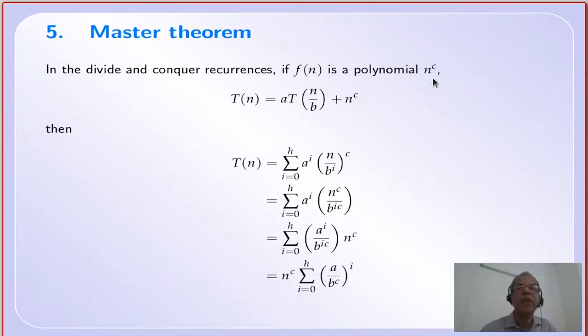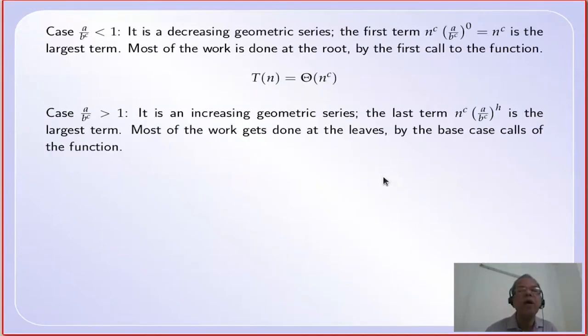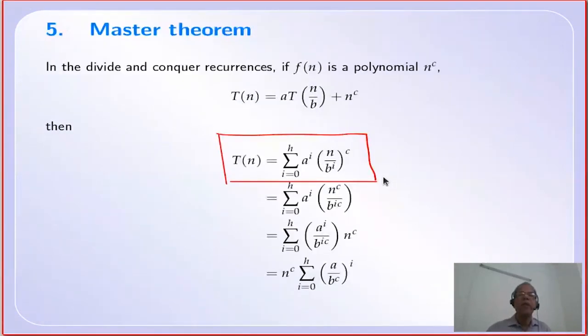If f of n is a polynomial, T of n is a times this, and this is the simplified thing. What does this mean?